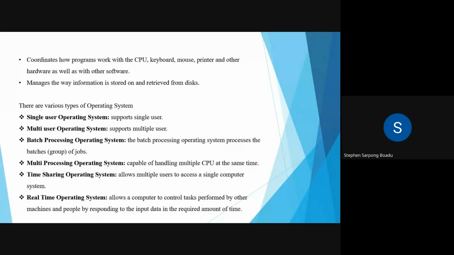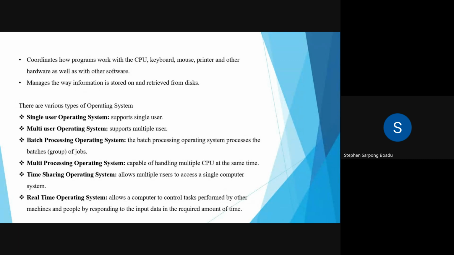Just as the name goes, multi-processing means it has more processors that perform work at the same time. That makes it faster. It increases the speed and also the performance. I think most Linux OS has this multi-processing capability.